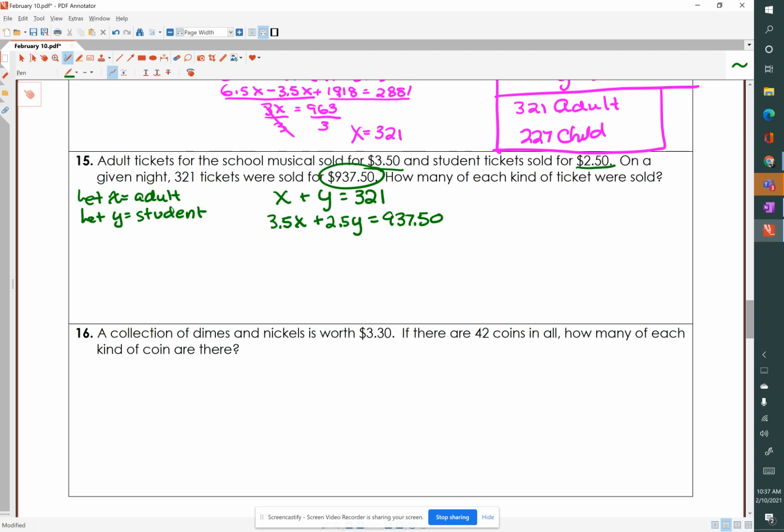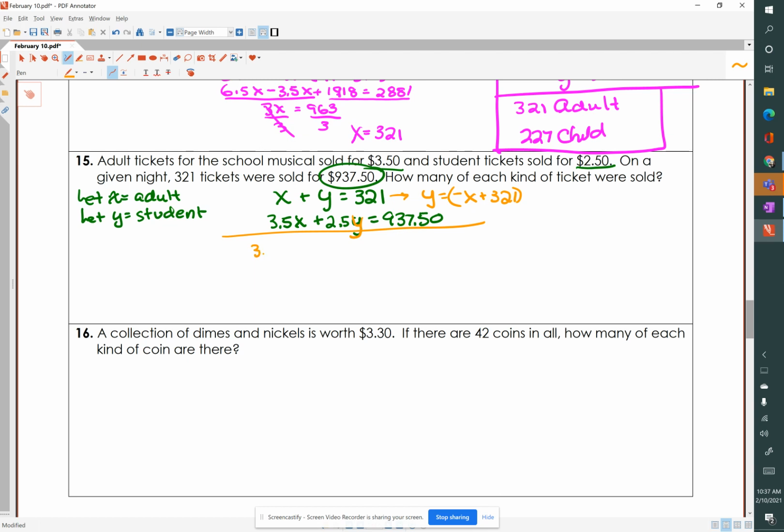So again, this is a great one for substitution. I'm going to solve for y. So I will have y equals negative x plus 321. And I will substitute for y in that second equation.